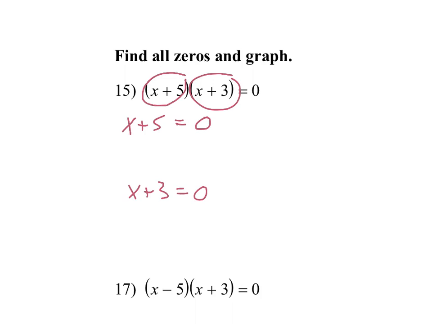So now how do we get x all by itself? We subtract 5, so we get x is equal to -5, and we subtract 3, so we get x is equal to -3. So our two zeros are going to be -5 and -3.